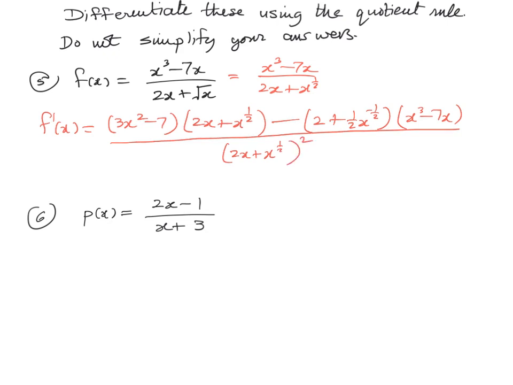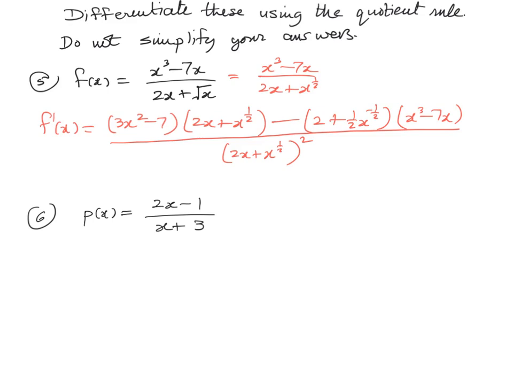So again, what I did was derivative of the top times the bottom left alone, derivative of the bottom times the top left alone, of course subtract them, and then divided by the bottom one squared.